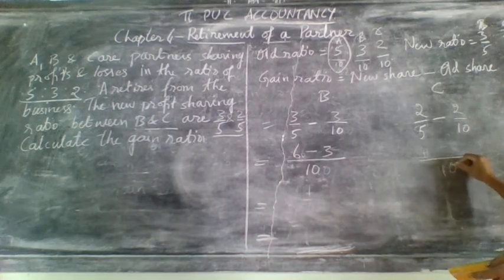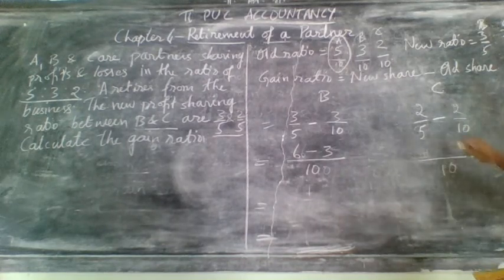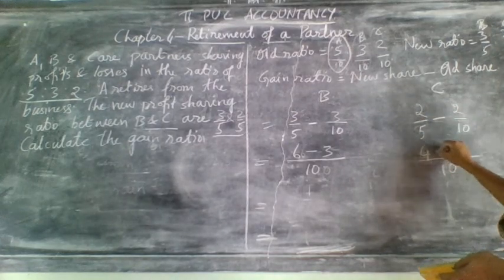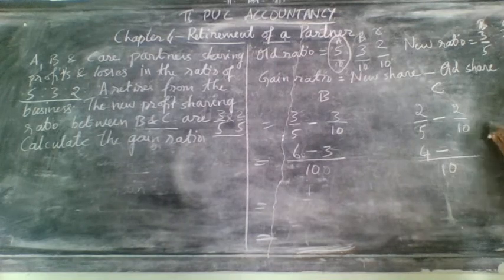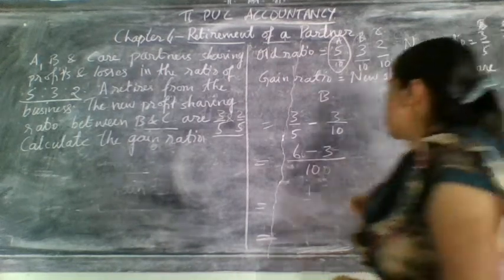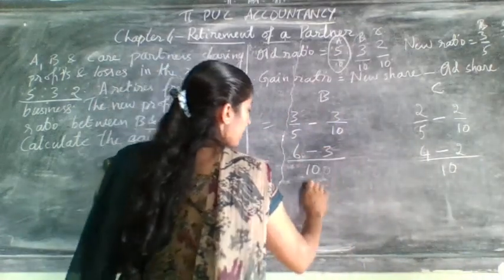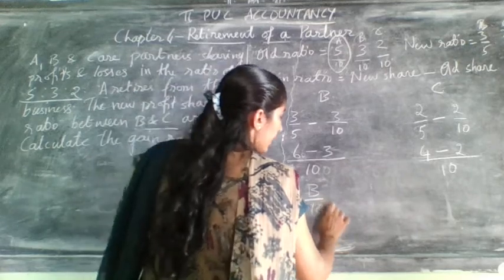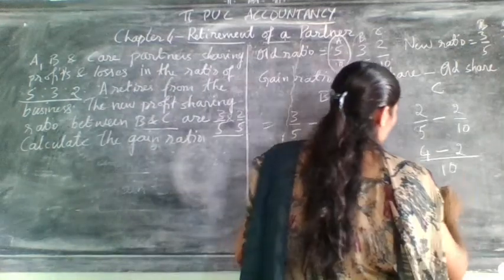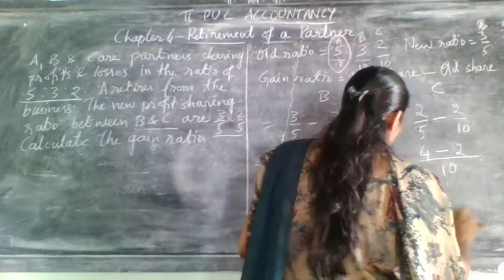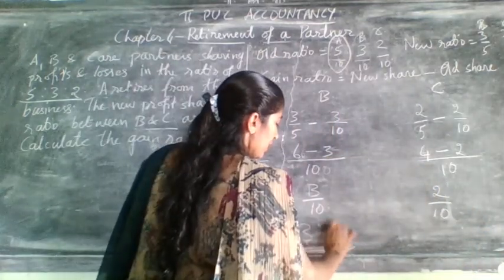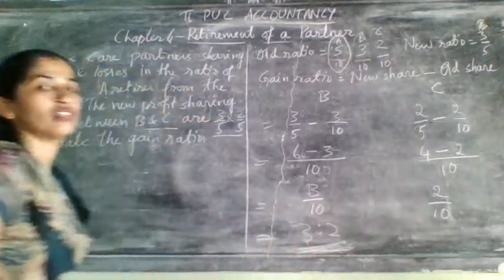Again you can take 10 as a common denominator. 10 divided by 5, you get 2. 2 2s are 4 minus 10 divided by 10, you will get 1. 1 2s are 2. So 6 minus 3, you will get 3/10. Here 4 minus 2, 2/10. So now their gain share is 3:2 only.